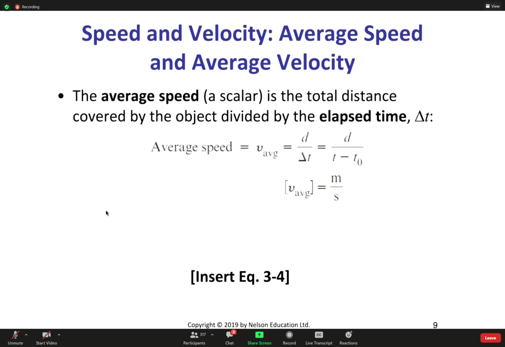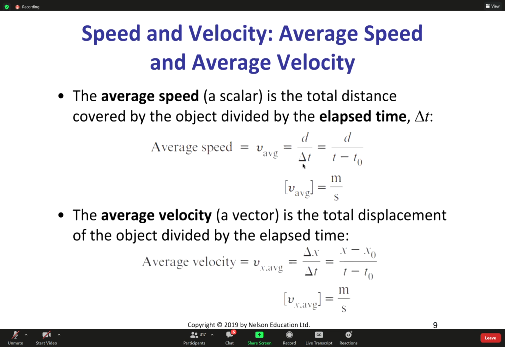Because we have speed and velocity, we can find something known as the average speed and the average velocity. The average speed is taken to be just your change in your total distance divided by your change in time, whereas the average velocity is taken to be the change in displacement divided by the change in time.